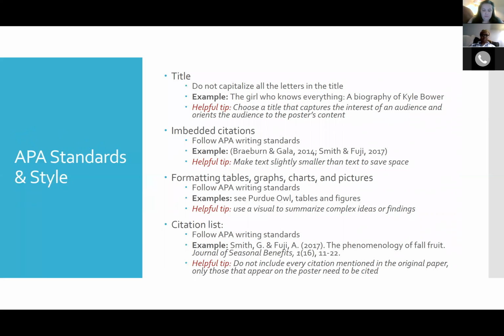So the title, APA standards. We've all written in APA format before, and that format should also be taken into consideration when preparing your text for a poster presentation. So for instance, in your title you should not capitalize every single word. Some people don't know this. You capitalize the first letter of the title.